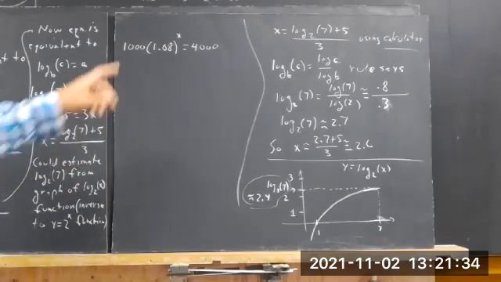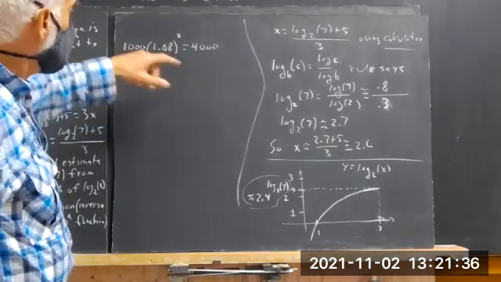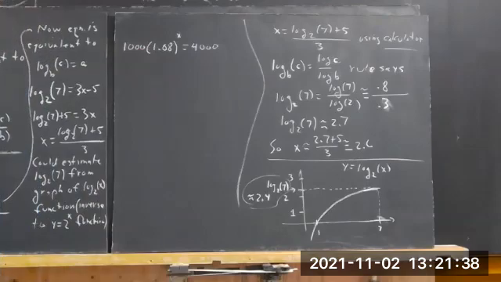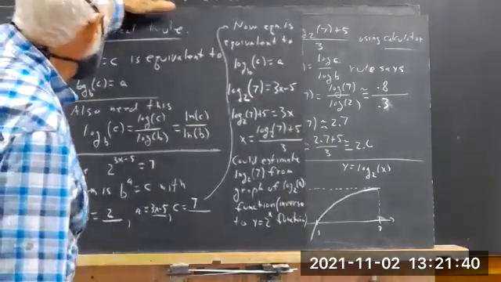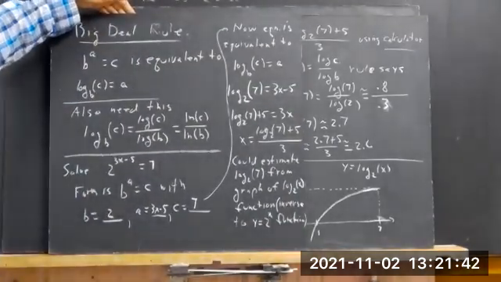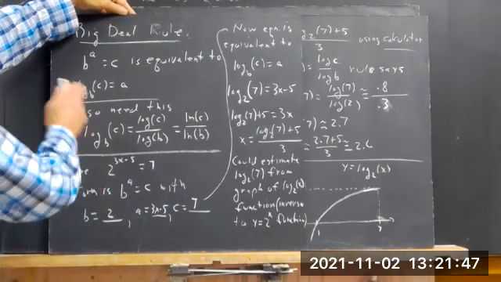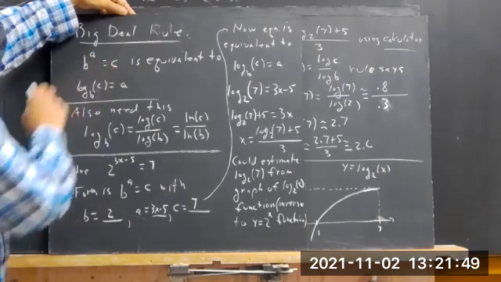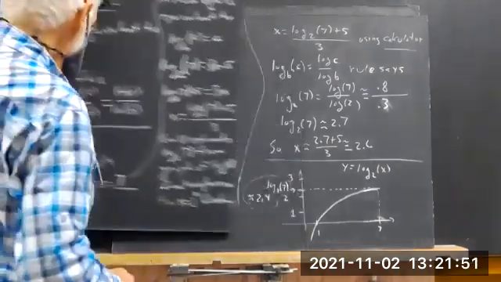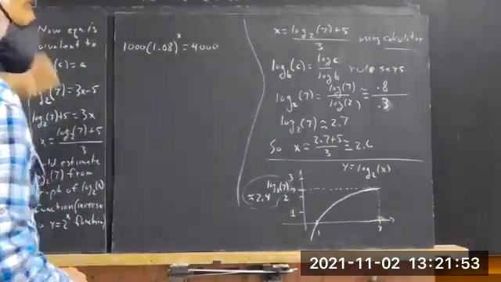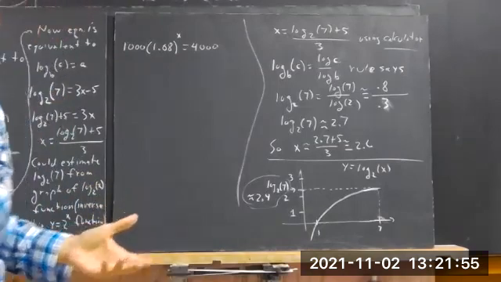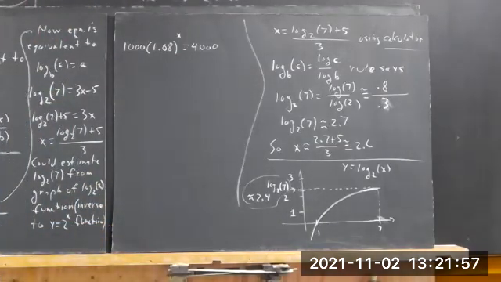Okay. Now the kicker here is this equation is not in one of these forms. Okay. But can we put it into one of these forms? There's something we can do to that equation to put it in the form of b to the a equals c. Well, I'm going to pause for a second, see if anybody has an idea here.